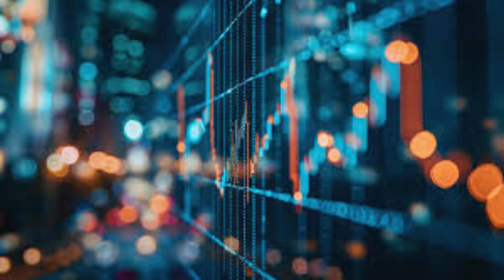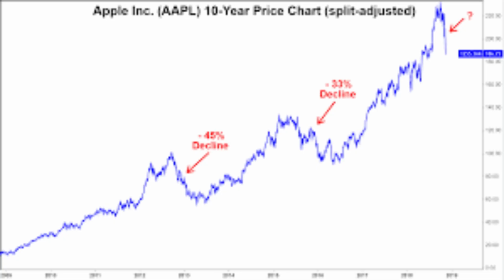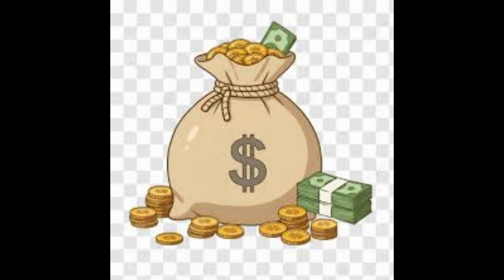For example, Apple has a PE of around 33. That means investors are paying about $33 for every $1 Apple earns. This doesn't automatically mean Apple is expensive. It just means investors are willing to pay more for its earnings.